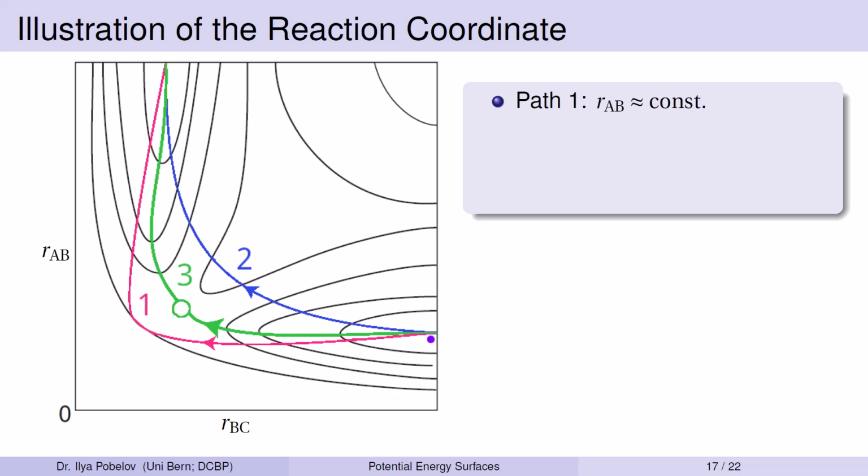The potential energy initially increases as C moves closer, as indicated by a decreasing RBC, and begins to push into the molecule AB. This leads to compression of the AB bond, as seen by the decreasing RAB.